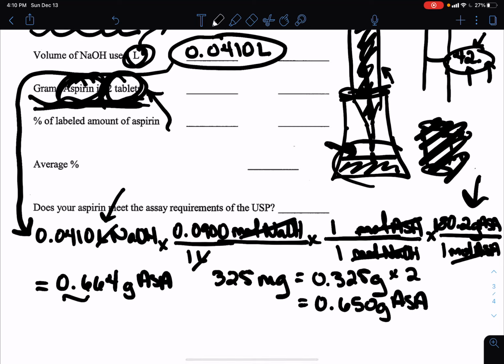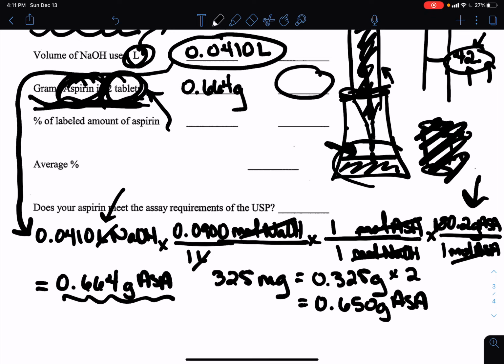And what I have here is 0.664. So that's pretty close. We're pretty good there, okay? So I would go ahead and I'd put 0.664 grams. And then you guys would do another trial and you'd have another value there.